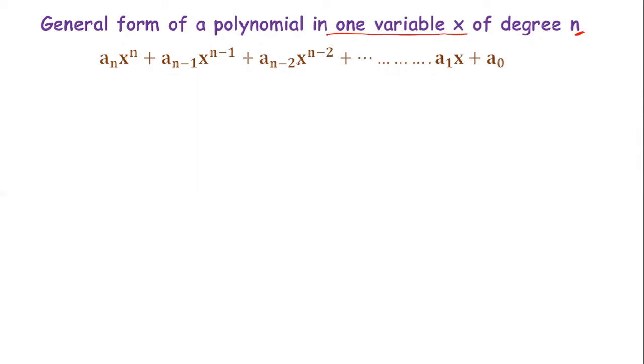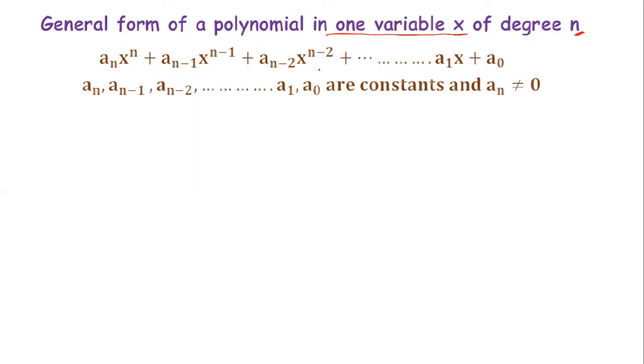The general form is an x to the power n plus an minus 1 x to the power n minus 1 plus an minus 2 x to the power n minus 2 up to a1x plus a naught, where an minus 1, an minus 2, a1, a naught are constants and an not equal to 0.